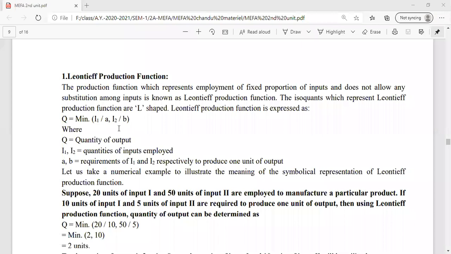Do we get now? This Leontief production function is helping us to identify, with the different number of inputs, how many output products can be produced.